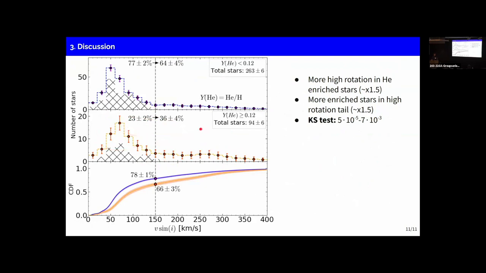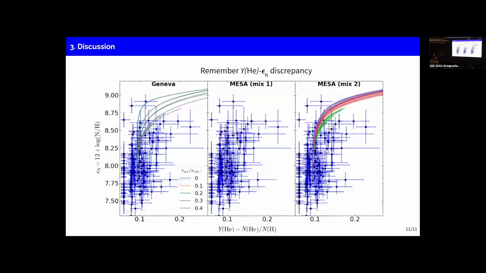This one, for the sake of simplicity, is the helium-enriched sample, the sample that we expect to be post-mass transfer. But you can say this is expected from single evolutionary models, because you have a much more important mixing. We have to remember the discrepancy we had between nitrogen and helium, which is not solved by adding more stars.